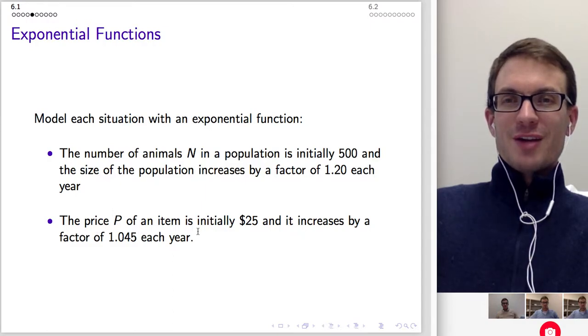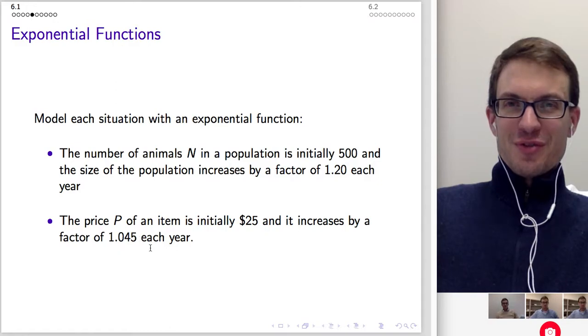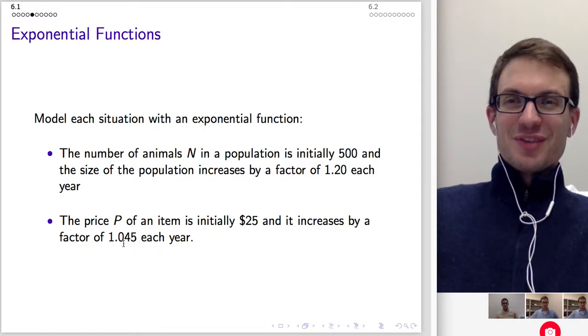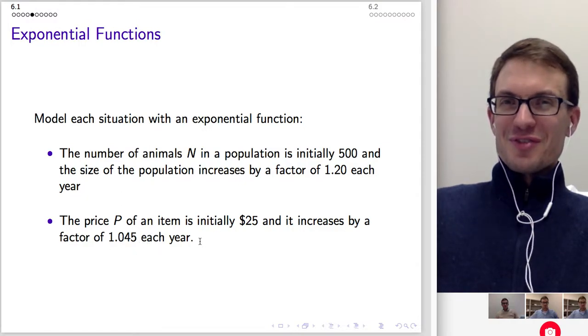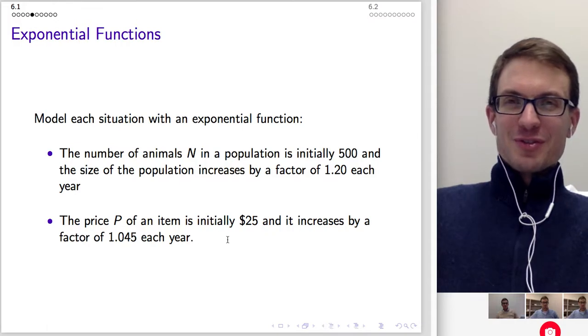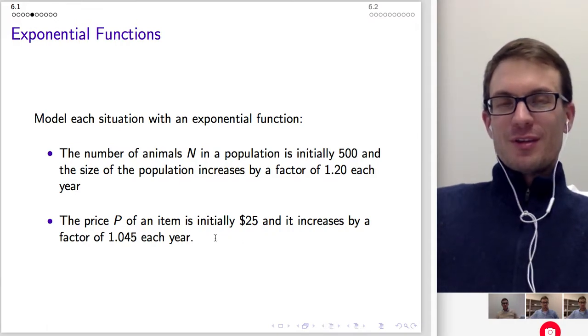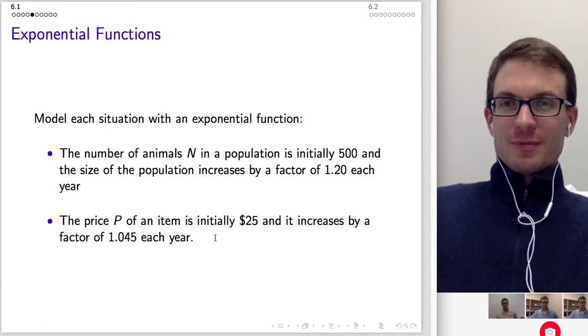The price P of an item is initially $25. It increases by a factor of 1.045, or 4.5% growth each year. Think about that in comparison to inflation. The Federal Reserve targets inflation at about 2% per year. So stop the video, run ahead and work through these, and then we'll take a look.